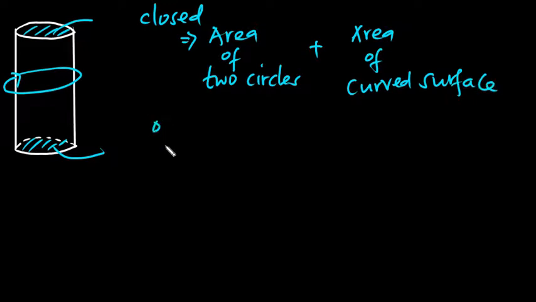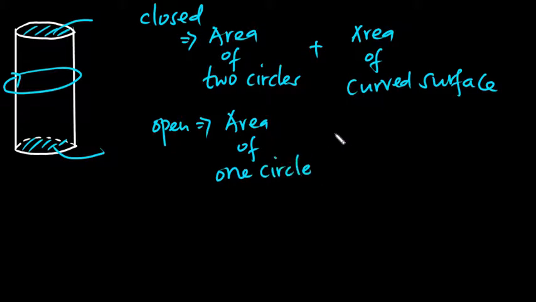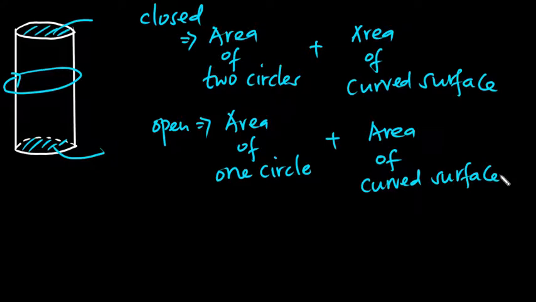And for an open cylinder, it's going to be the area of one circular part, and then we add the area of the curved surface. So we can look at a few examples so that we can understand better.